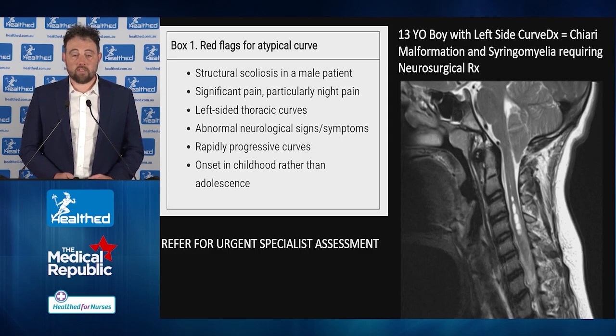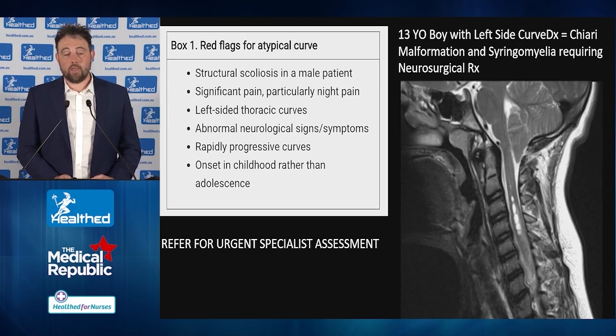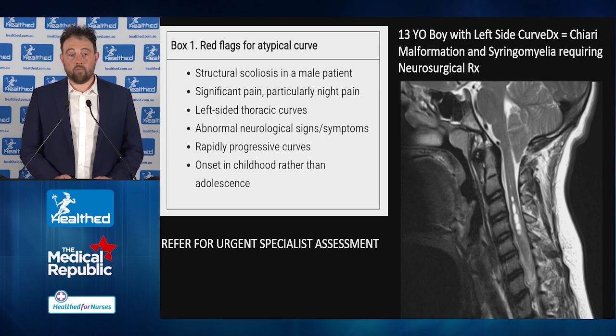The abdominal reflex is obtained by stroking around the umbilicus in quadrants and looking for reflex contracture of the abdominal musculature. Rapidly progressive curves are also a potential red flag, and onset in early childhood, so under the age of 10 rather than adolescence.